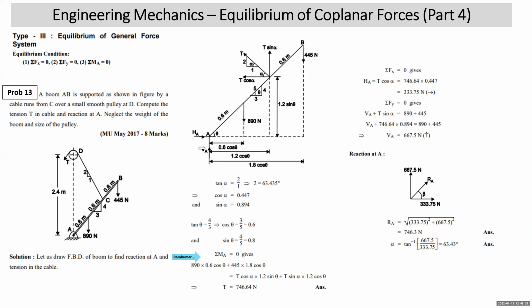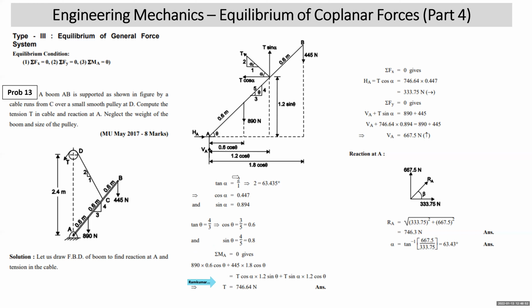When I apply sigma MA, HA and VA will go off. 890 into 0.6 cos theta clockwise. 445 into 1.8 cos theta clockwise. T cos alpha into 1.2 sin theta anti-clockwise. T sin alpha into 1.2 cos theta is also anti-clockwise. You get the value of T.